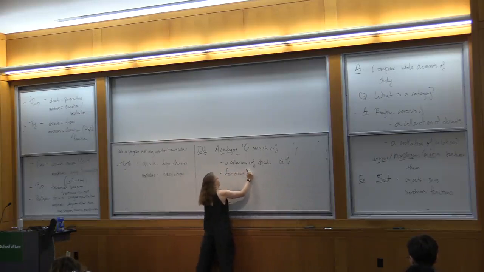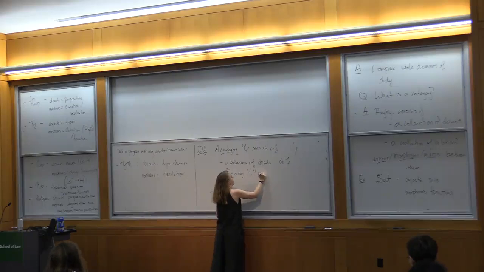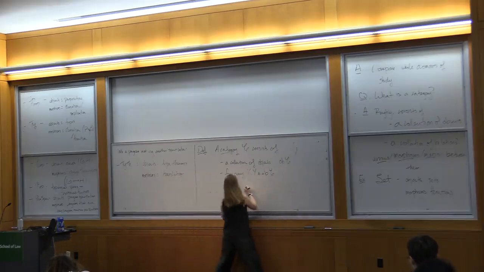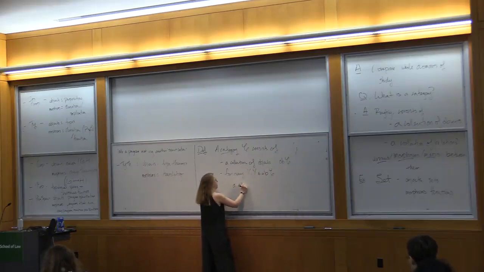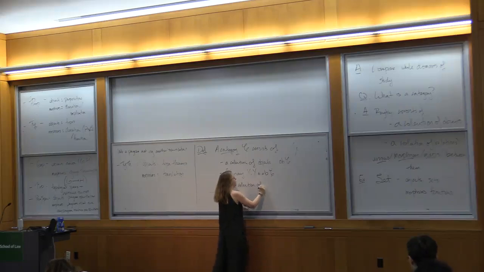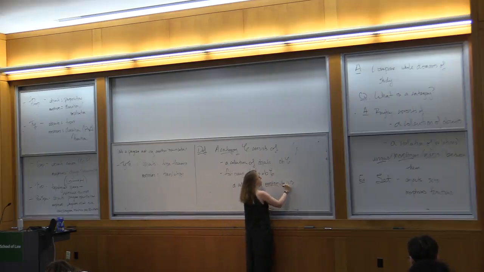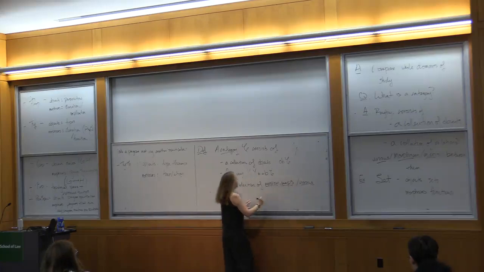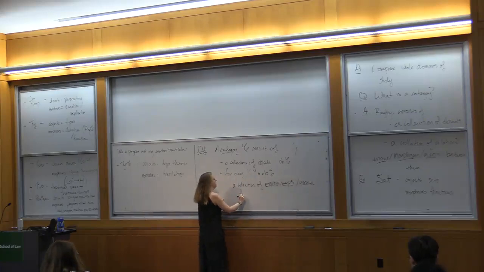And for every pair of objects X and Y in Ob C, we have a collection of morphisms, or you can also call them maps, or you can call them arrows, that is denoted Hom_C(X, Y) with a little c here.